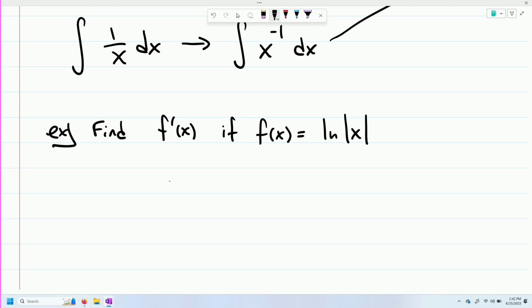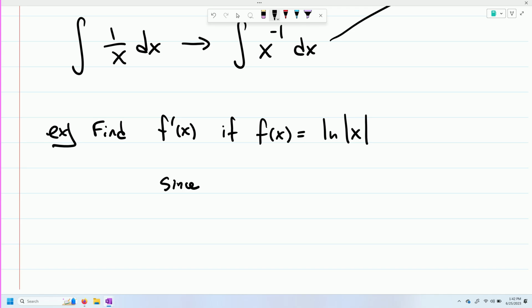Before I even write this down, I know some of you may be thinking the absolute value is always positive, and that technically is correct, but it is not a good way to think about what the absolute value is.